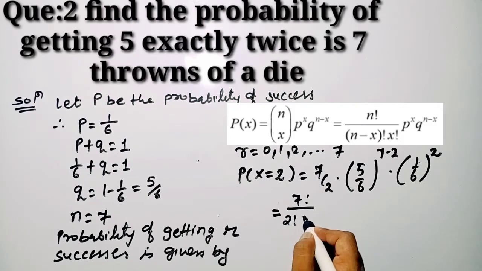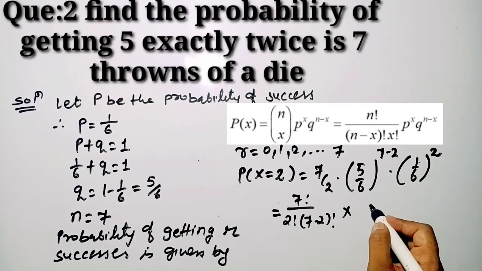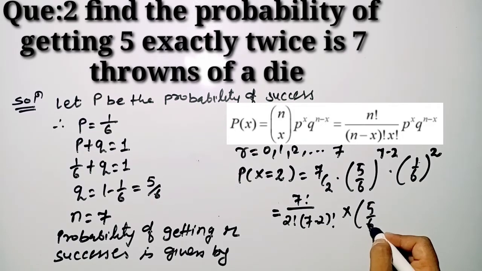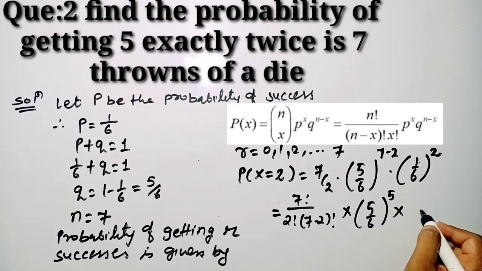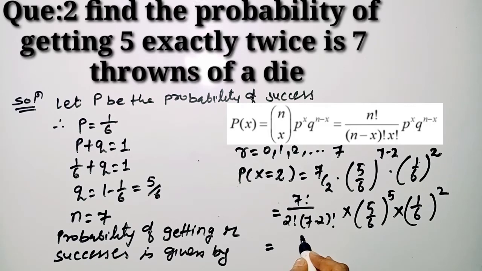So 7 factorial over 2 factorial, 7 minus 2 factorial, and here is 5 by 6 to the power 5, and here is 1 by 6 whole square. You will just have to simplify these things, students. You know that 5 factorial can be written as 5 into 6 into 7 factorial can be written as 7 into 6 into 5 factorial, right?